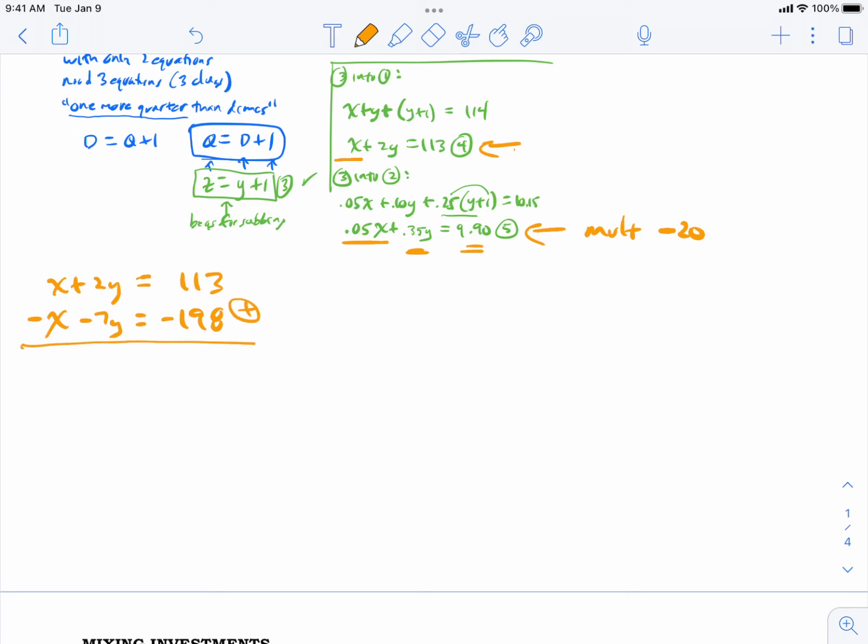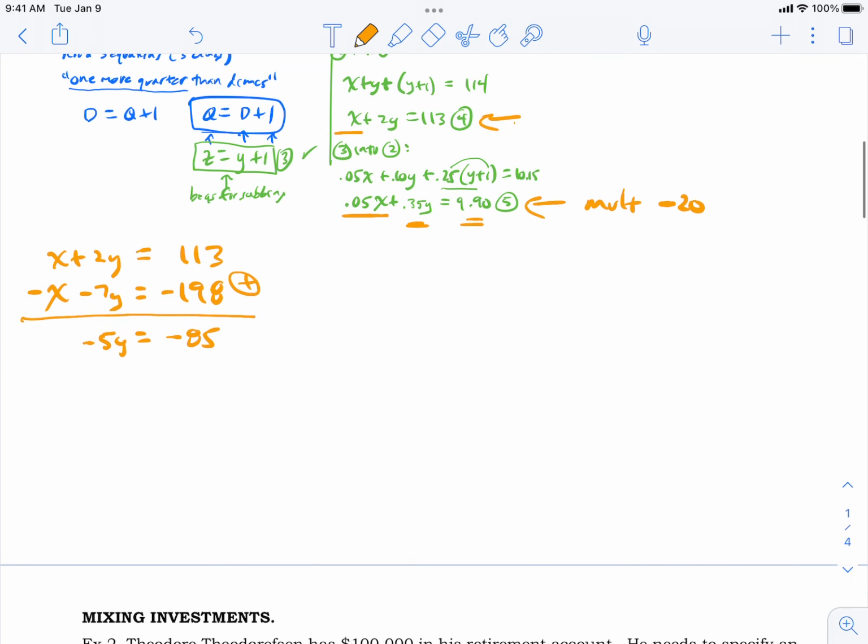And what do I get? The x's go poof. So I've got a -5y here. This is a -85. And then you divide both sides by -5. And you end up real quick like with 17 for your y. And as long as you've got that, might as well come back up to this equation and solve for x. So x plus 2 times y, which is 17, equals 113.